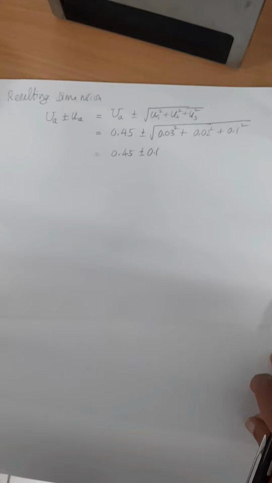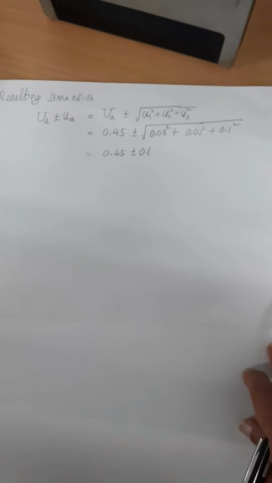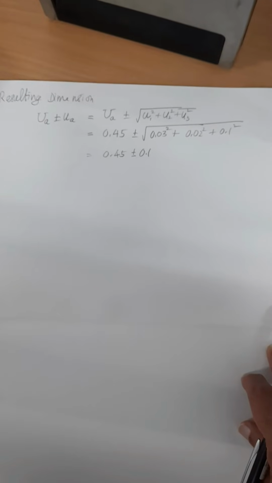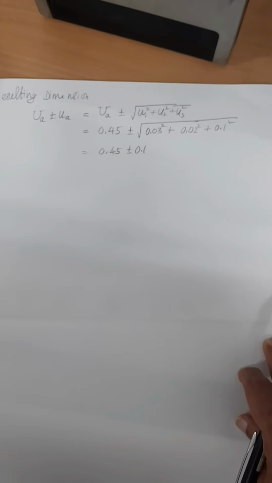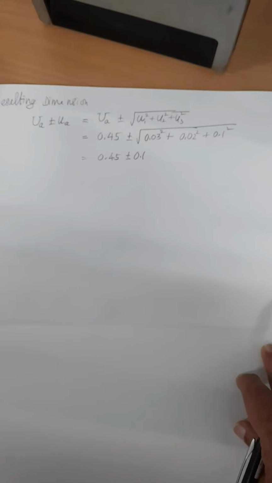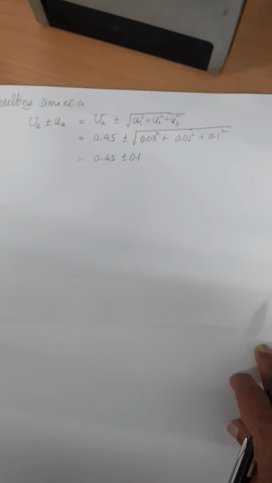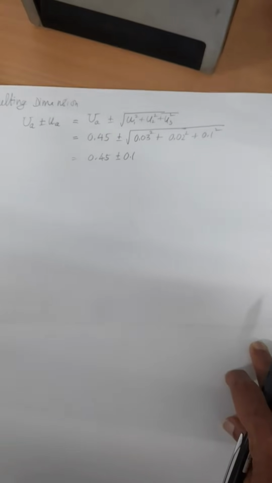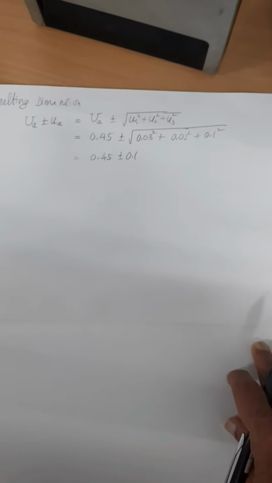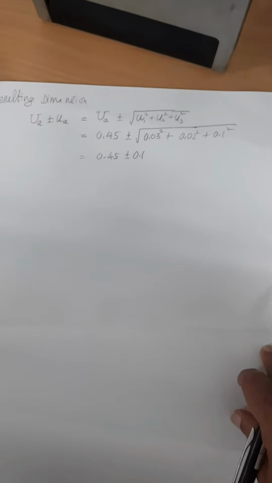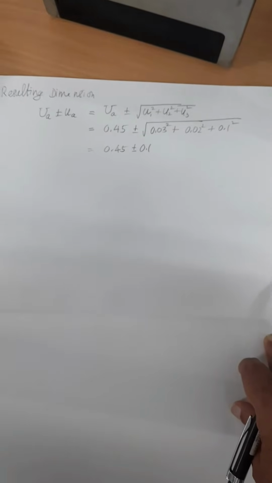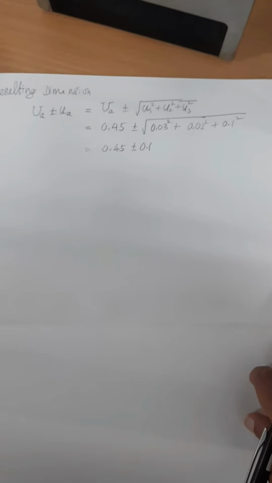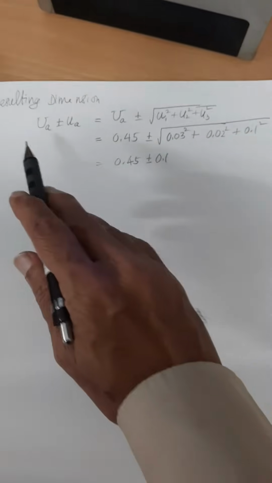Instead of finding the standard deviation of individual dimensions, sigma 1, sigma 2, sigma 3, then applying the formula sigma A squared equal to sigma 1 squared plus sigma 2 squared plus sigma 3 squared, we can directly find the answer using this formula. When I want to find out the resulting dimension using normal law, you can apply this formula.